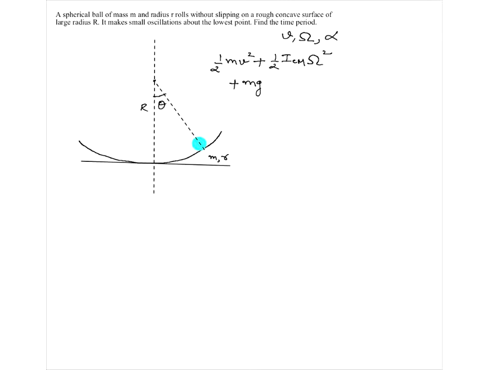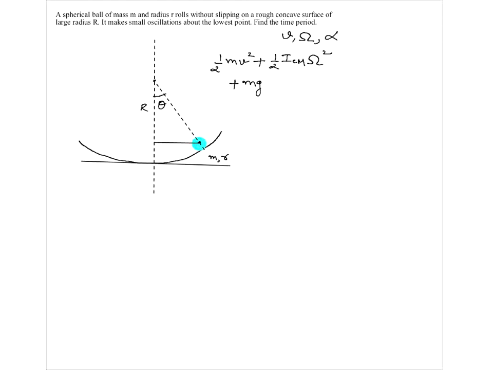Potential energy you have to see from the center of mass. Place a particle here. So from here to here, the distance is R minus r. Now do the usual thing, drop a perpendicular. No, just a moment.